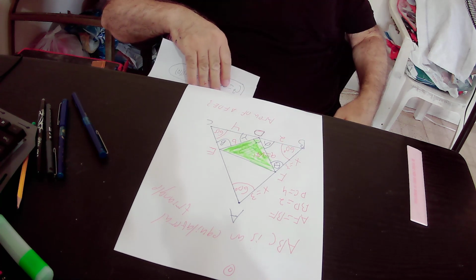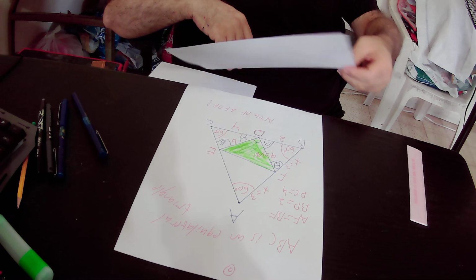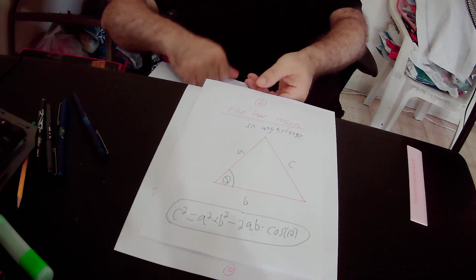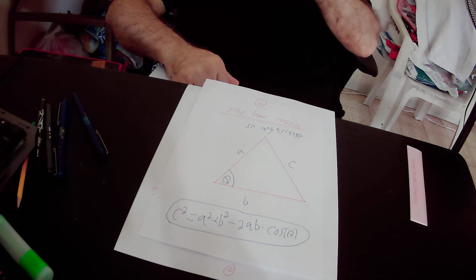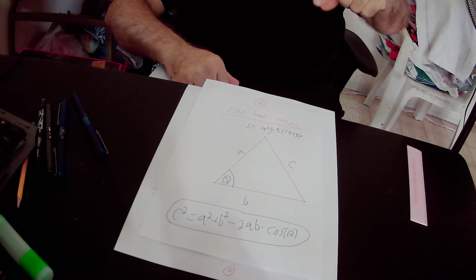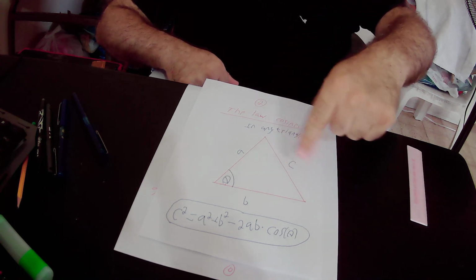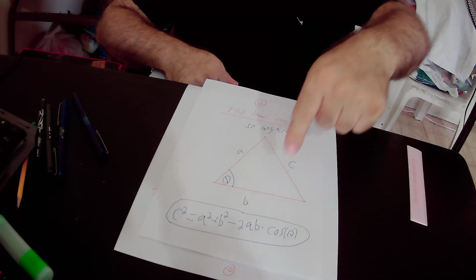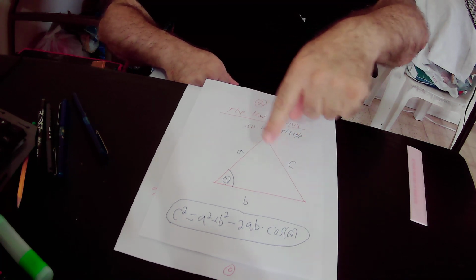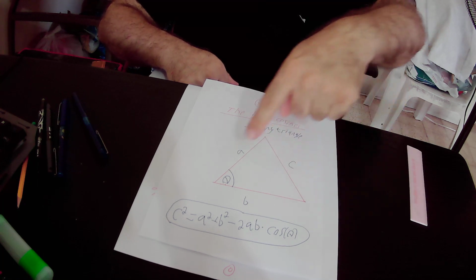What is the law of cosines? The law of cosines applies to any triangle. According to the law of cosines in any triangle, C square equals A square plus B square minus 2 times A times B cosine theta.